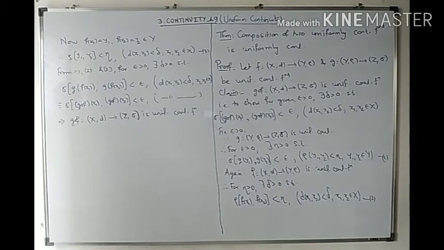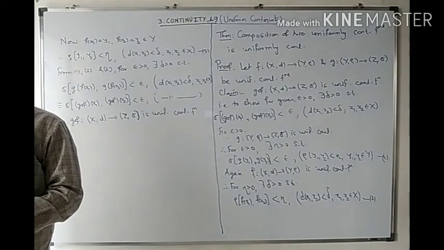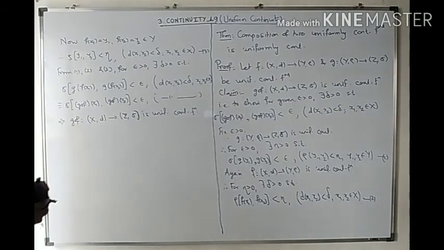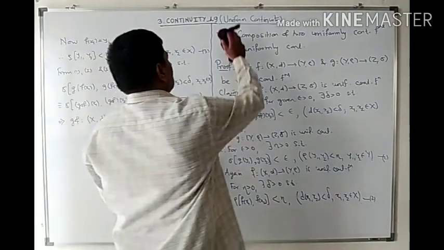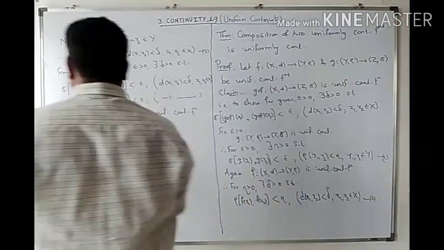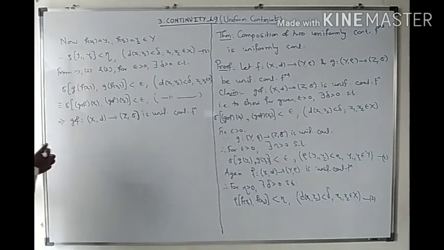Now we'll take the next result: a uniformly continuous function maps a Cauchy sequence to a Cauchy sequence. So, next theorem.